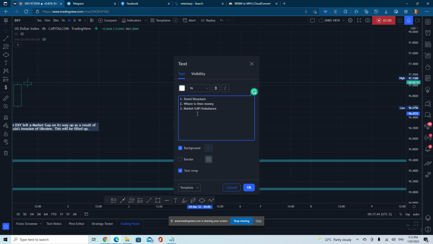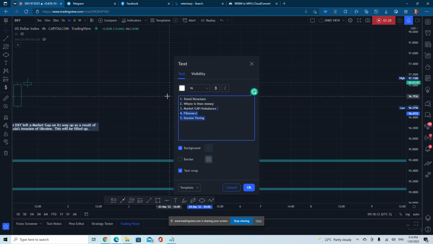Number four item, if you want, you can try to use the Fibonacci. Number five, you can decide to look at the session timing. But the last two are not all that important.